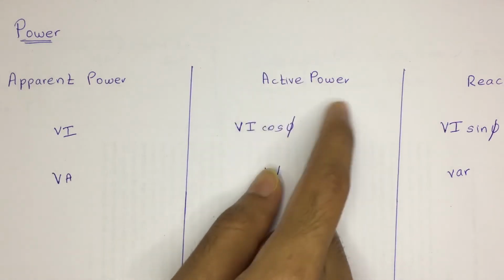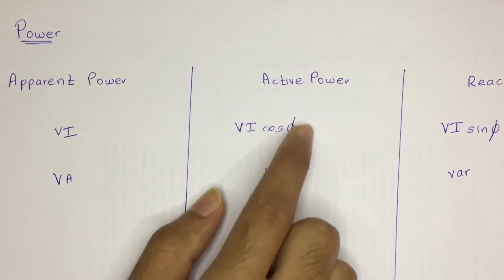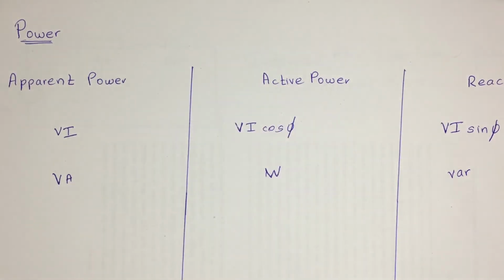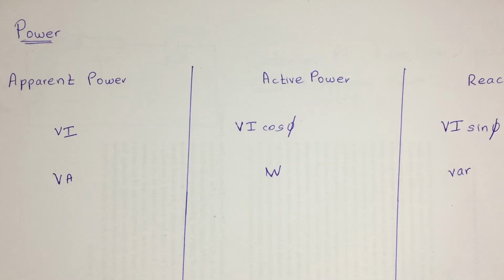So when you are considering the active power, it's going to be Vi cos phi, and the reactive power equation would be Vi sin phi. I'm going to tell why we are going to get these types of equation in a little bit.